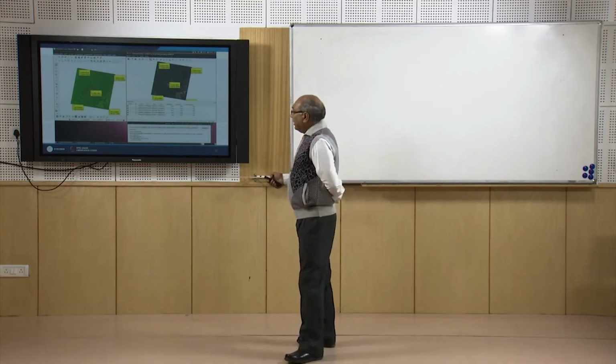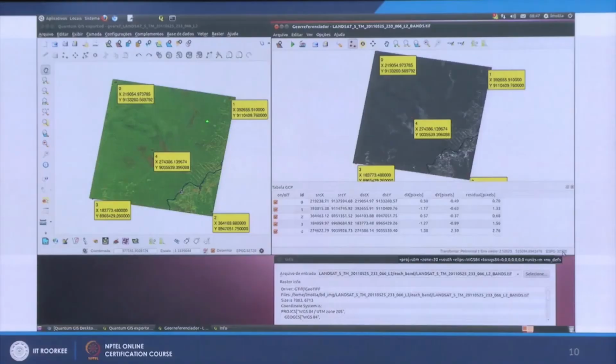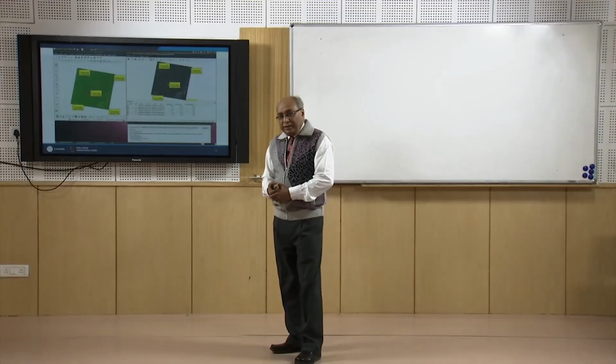Once again I am trying to explain here that one map is my slave map, another one is my master map. Now, slowly I identify these ground control points. One thing which you will notice here is that these ground control points are spread all over the image, just 5 ground control points are demonstrated here.